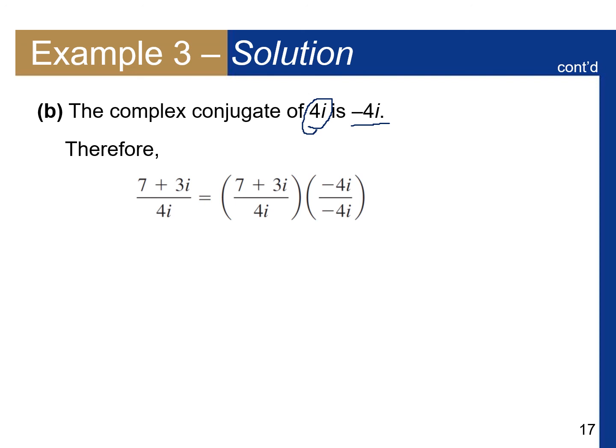I'm going to multiply the top and bottom by negative 4i. When I distribute my negative 4i, I will get negative 28i minus 12i squared, which i squared is negative 1. So that's how I get my positive 12 in the front.